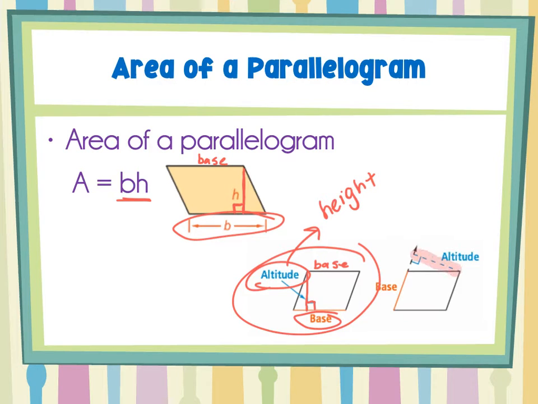It's still the altitude as long as it intersects the base at a right angle, or the extension of the base like this at the right angle. So we would still use this as the height and this as the base. Easy stuff, right? Good so far?